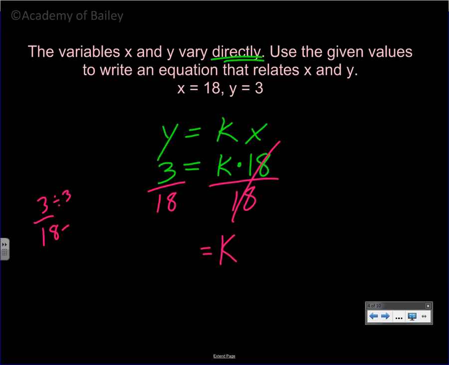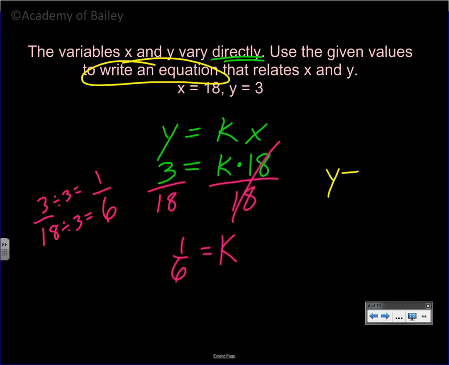Divide the top by 3, divide the bottom by 3, and we get 1 over 6. So k is equal to 1 over 6. You were told to write an equation, so we're going to say y is equal to k times x. K is 1/6, and there's your equation: y equals 1/6 x.